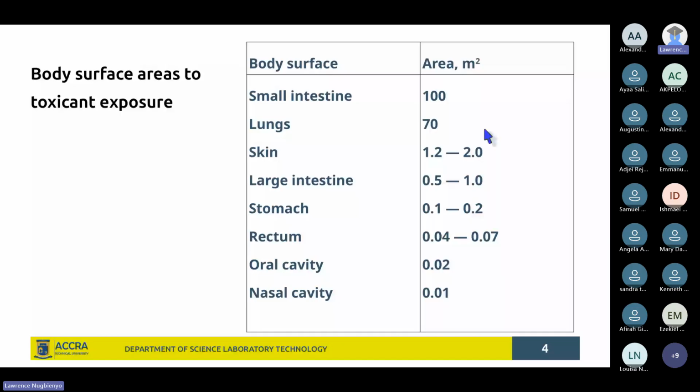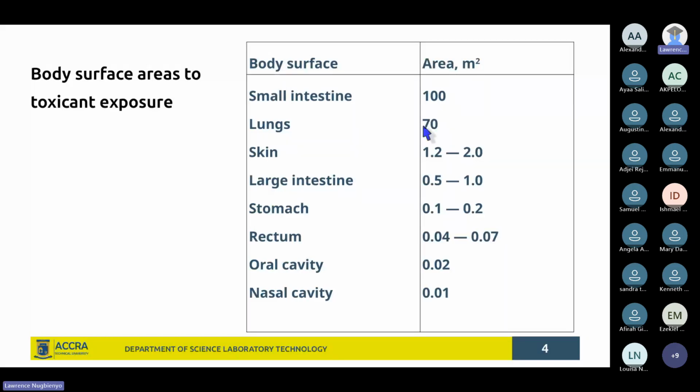So the same way, the small intestine is having such high surface area, 100 meters squared, that's a very large surface area to absorb a lot of substance at once into the bloodstream. And so that's where a lot of the absorption occurs.